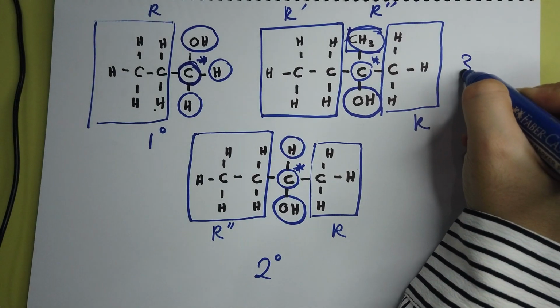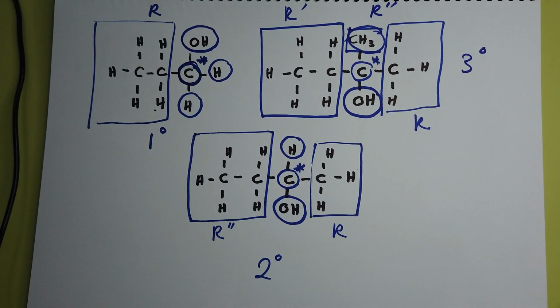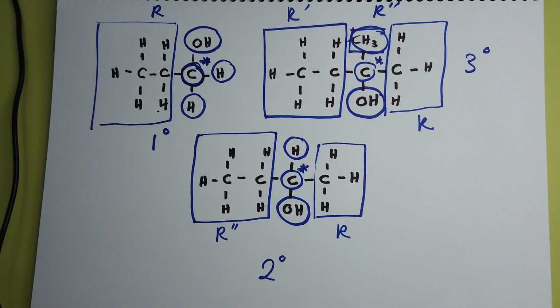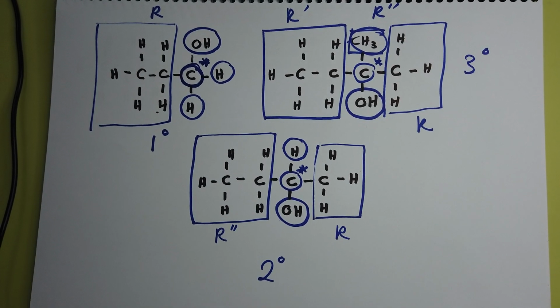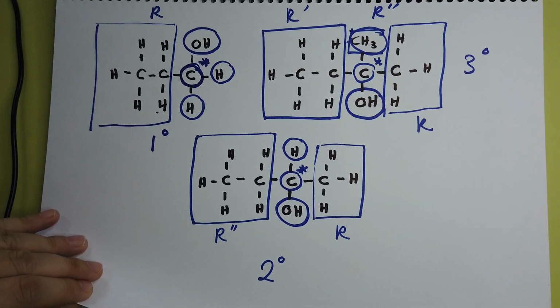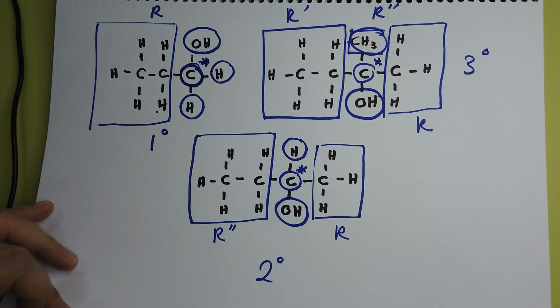So we consider this a tertiary alcohol. All these things you need to remember, because when it has a chemical reaction with anything, it will give different types of product. So I'm going to explain more on the primary alcohol.